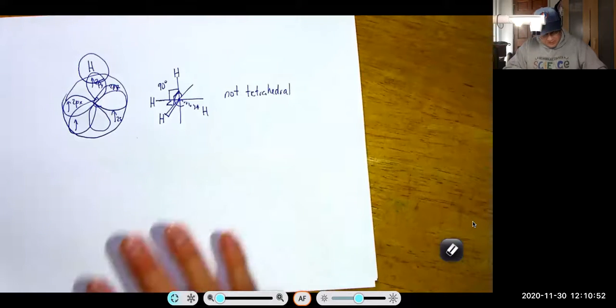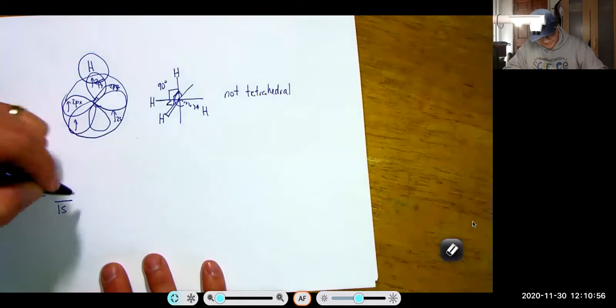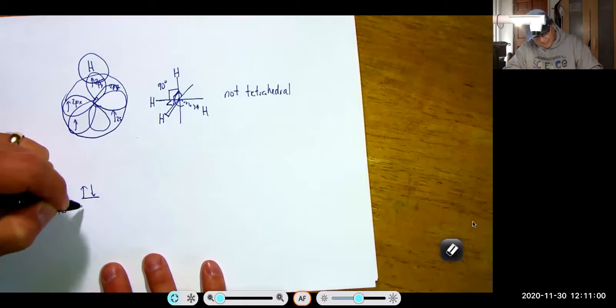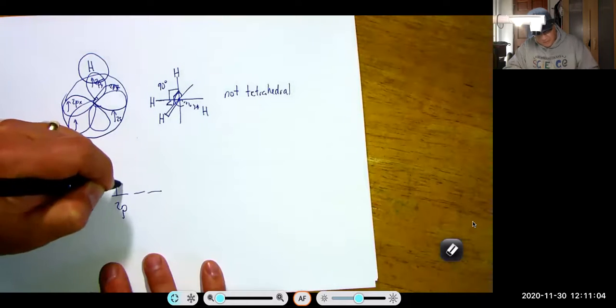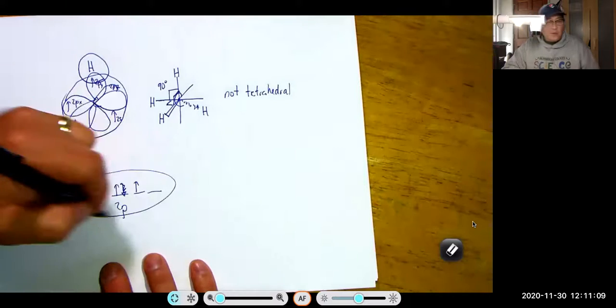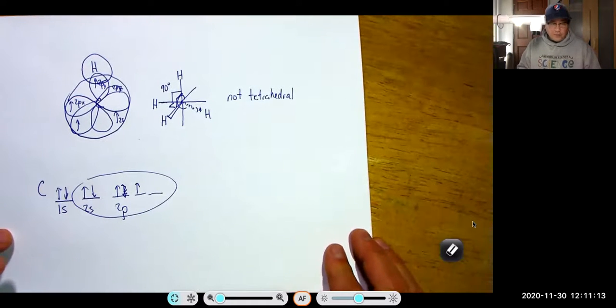So someone came along with this idea. I said, well, what if we did this instead? We're going to take these 4 orbitals and we're going to make 4 new orbitals.